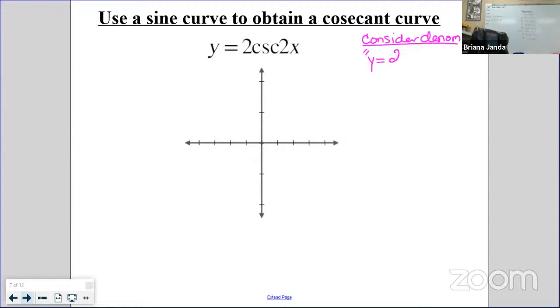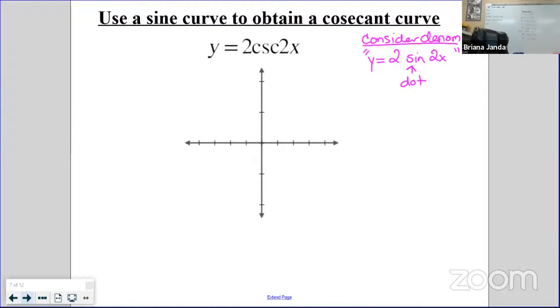I'm going to dot out to replace the reciprocal, sine 2x. Okay, and I'm going to dot this equation, but I'm going to dot it like I would have been graphing it last week. Okay, so all transformations will apply just like I would have applied them last week.